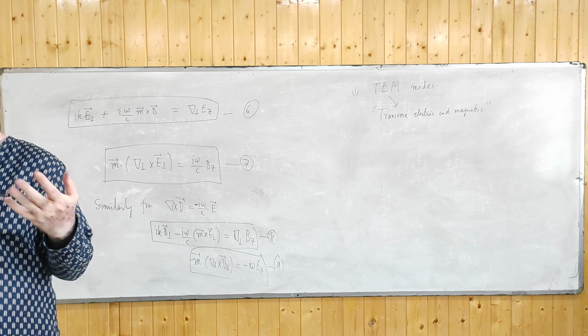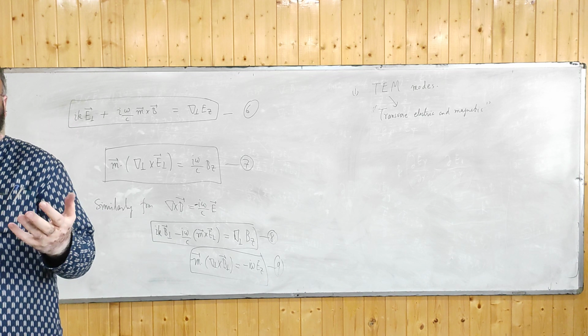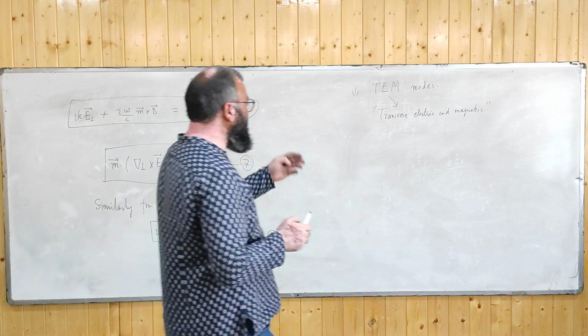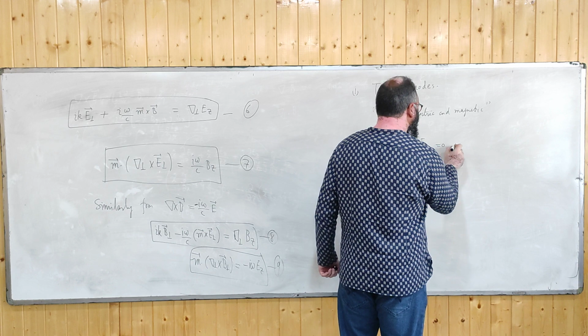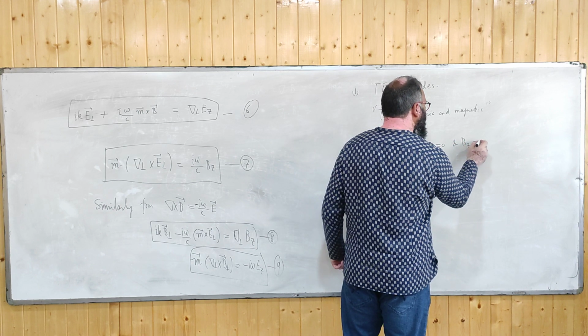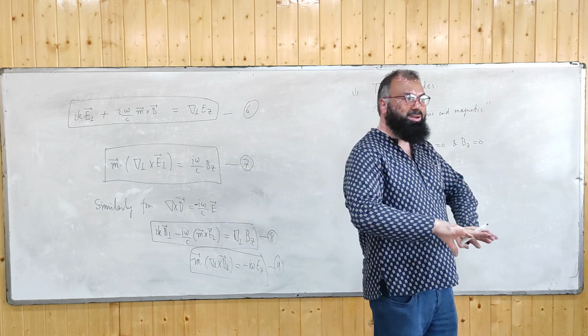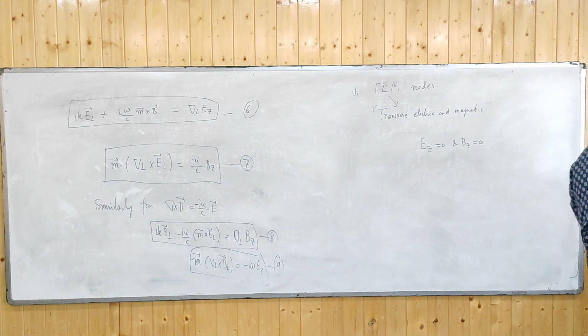So this is one kind of mode. In this case I use Ez equal to 0 and Bz equal to 0. So the only non-vanishing components of the electric field are the transverse components. These are the trivial modes of this problem. You will see it in a moment.